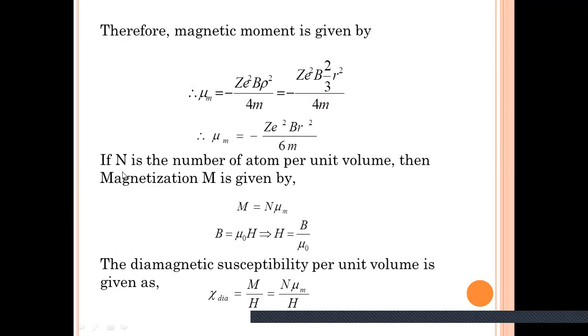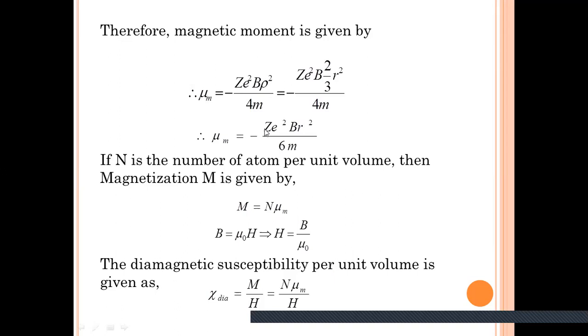If n is the number of atoms in the material, then the magnetization is given by M equals n into mu m. Putting the value of n and mu m.